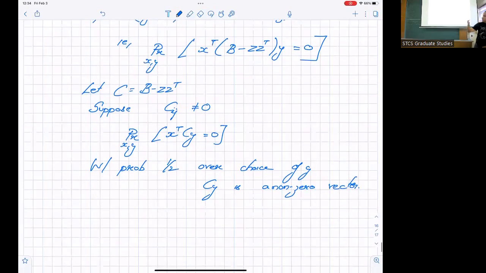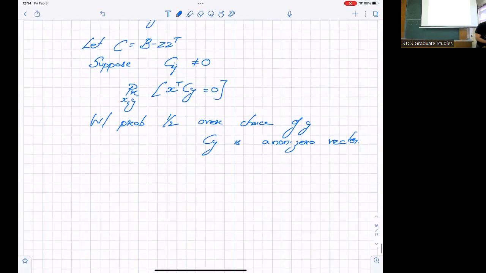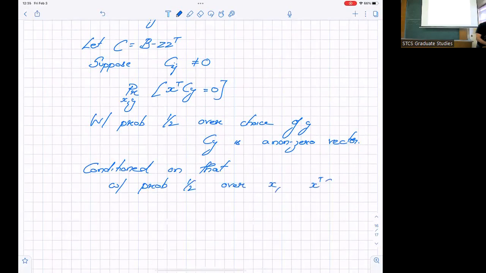And then, with further probability half over x, x transpose Cy is not equal to 0, conditioned on that.